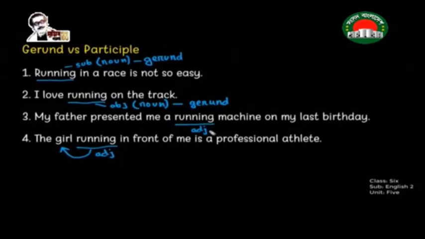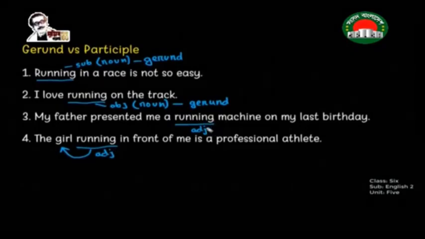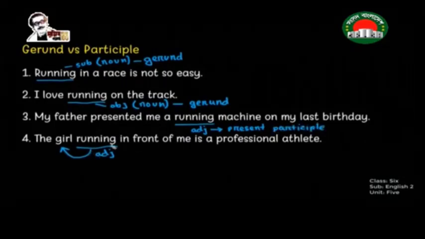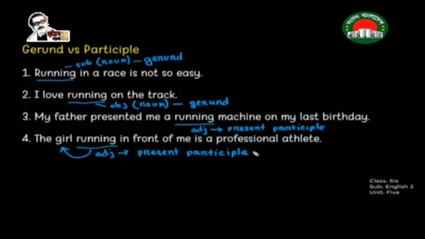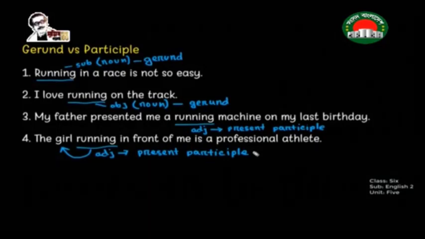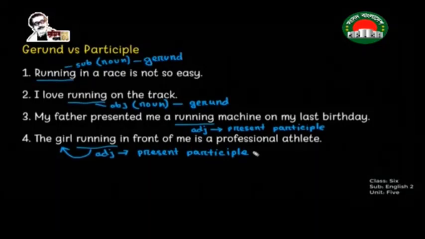Certainly we know we use the ing form of a verb as an adjective when it is a present participle. And here it is also the same. It is also a present participle. So when the ing form in a sentence is used as a noun, we call it a gerund. And when the ing form of a verb is used as an adjective, we call it a present participle.